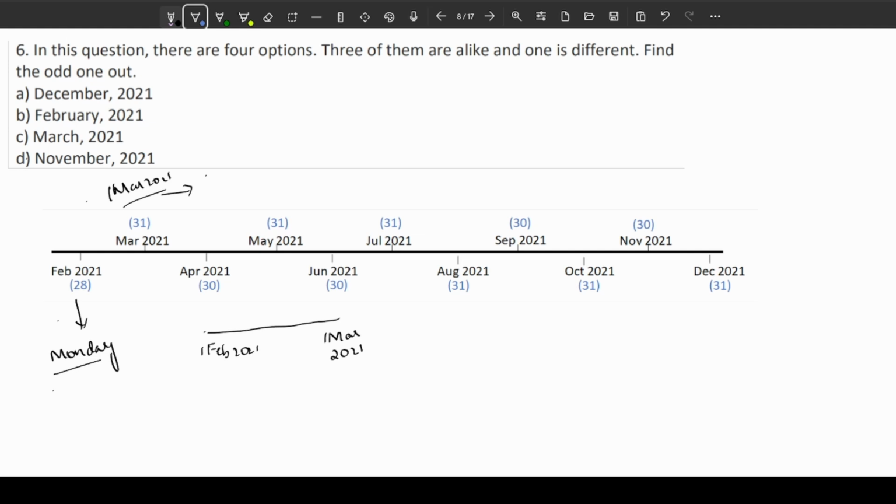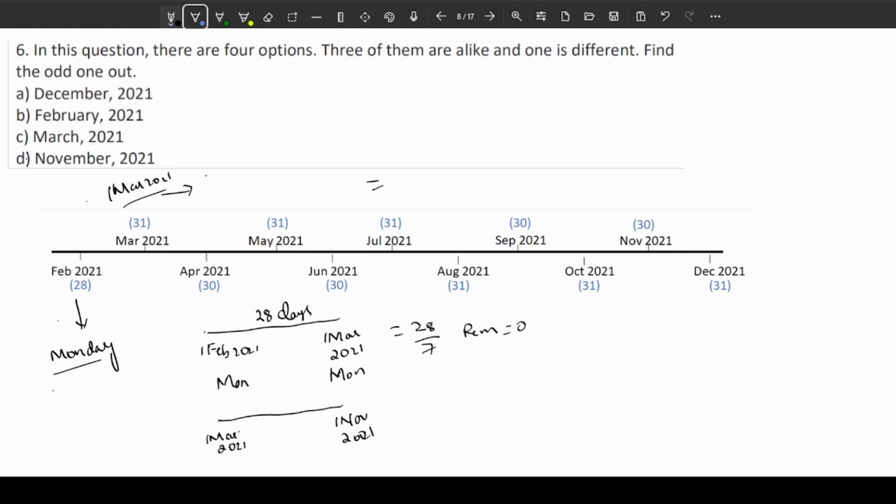Now if 1st Feb 2021 is Monday, what is 1st March 2021? Between 1st Feb 2021 and 1st March 2021, there will be 28 days, right? And it is a multiple of 7. Hence, since 28 by 7 remainder is 0, if 1st Feb starts on a Monday, 1st March also starts on a Monday. Now let's determine the number of days between 1st March 2021 and 1st November 2021.